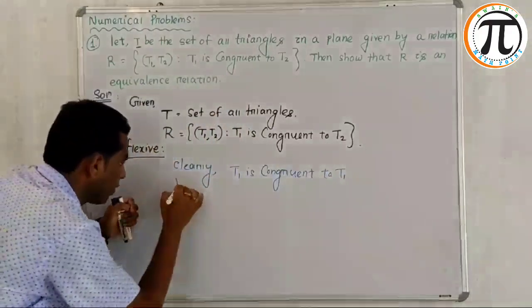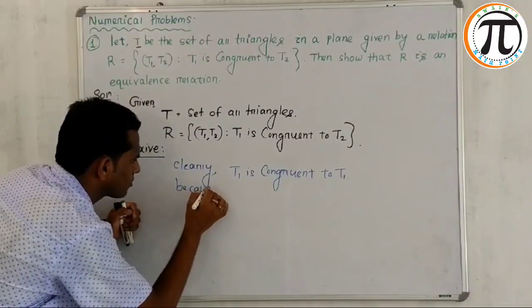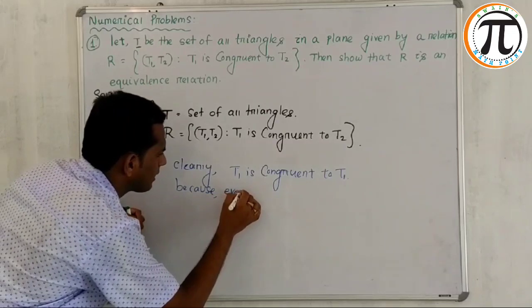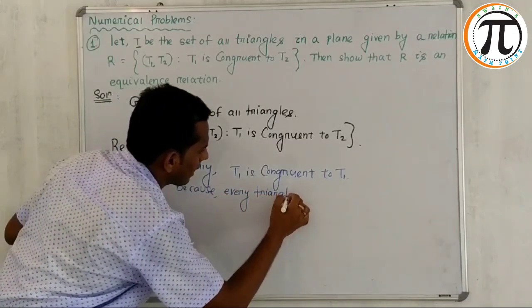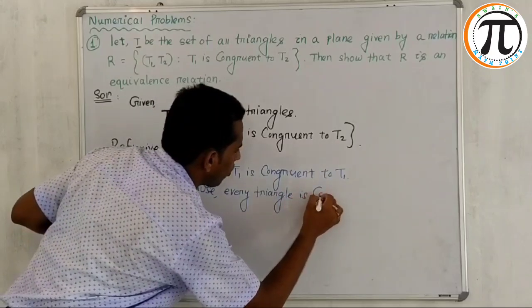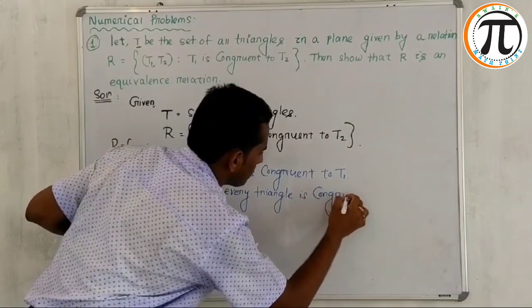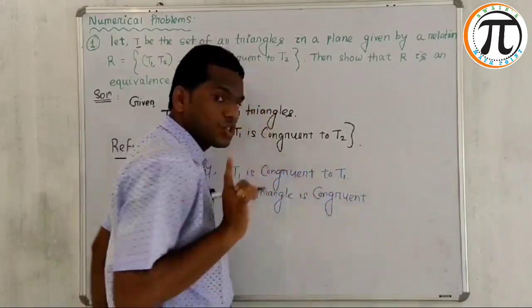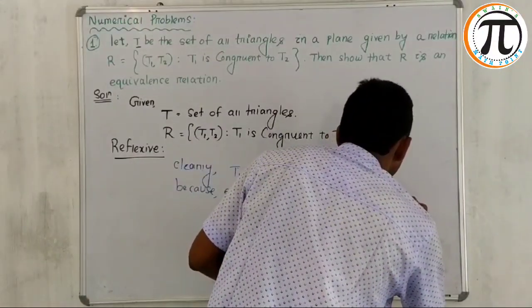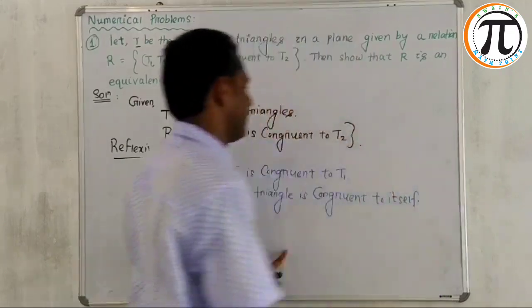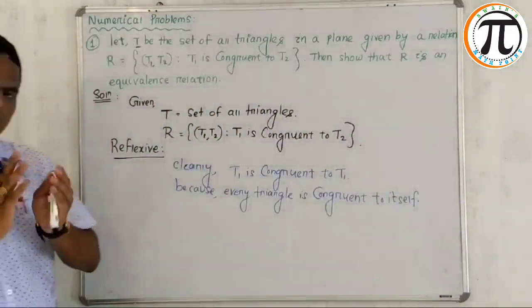Why? Because every triangle is congruent, meaning similar, to itself. Every triangle is similar with itself.